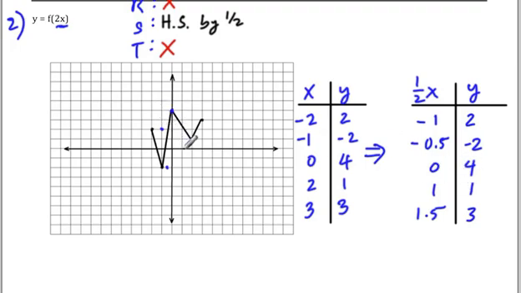This one is 1, 1, which is that point right there. And the last one is 1.5, 3, which is that point right there. So if I connect the dots right here, I get something like that. I connect this with that one right there.